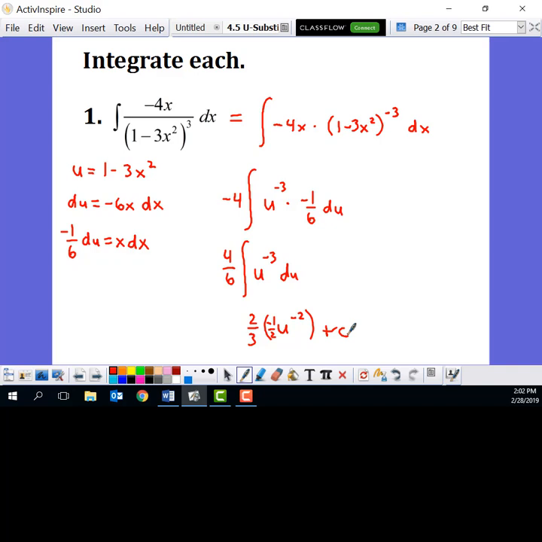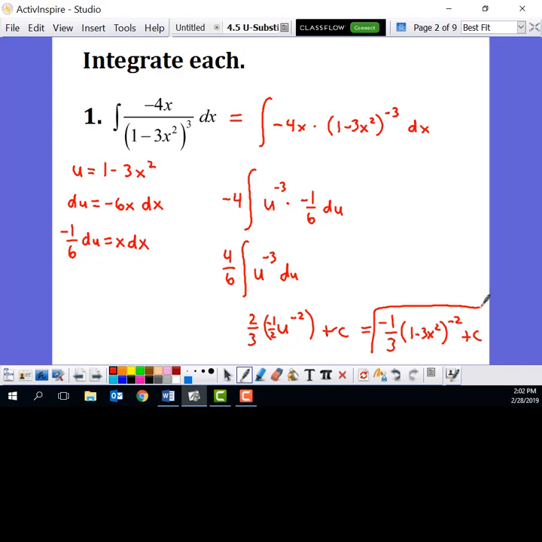So we could take our 2/3 and multiply it by negative 1/2 and then substitute back in for u. So we'd have negative 1/3 times 1 minus 3x squared to the negative 2 power plus c.